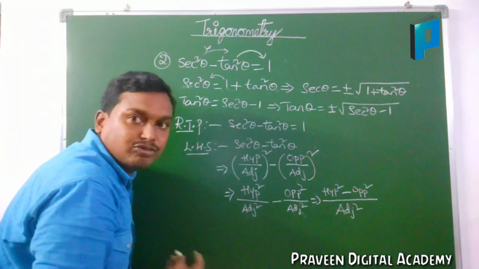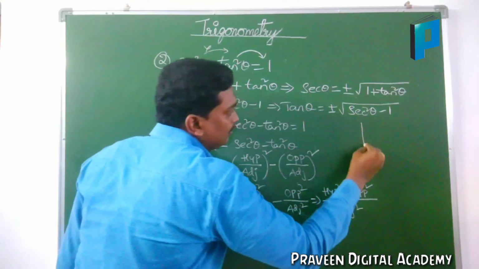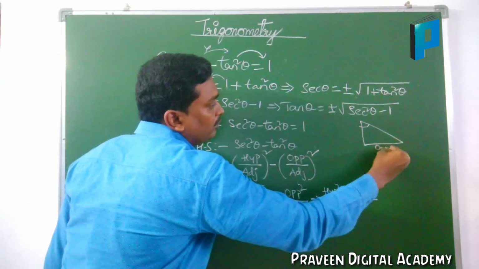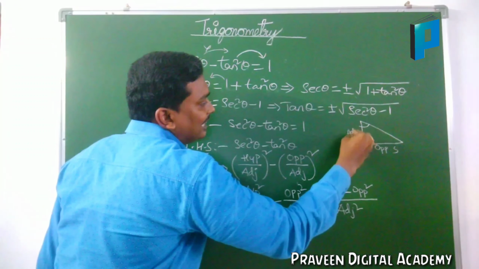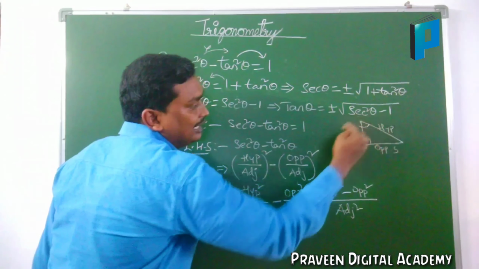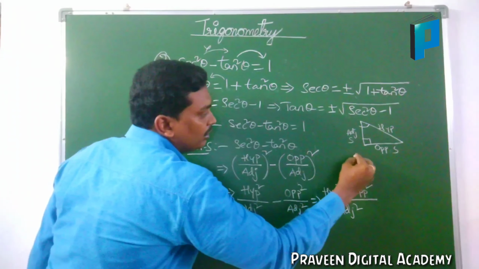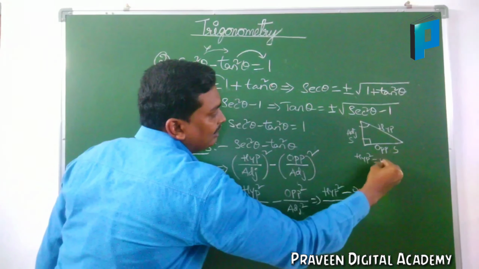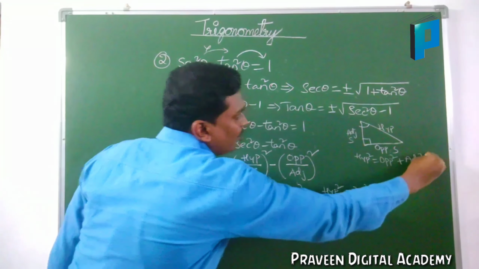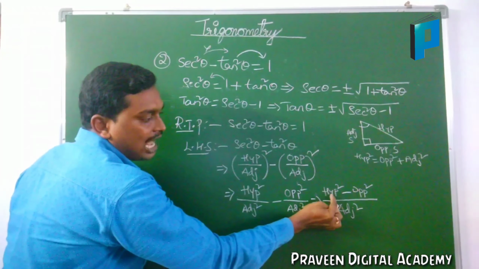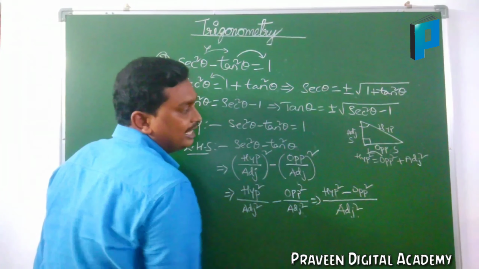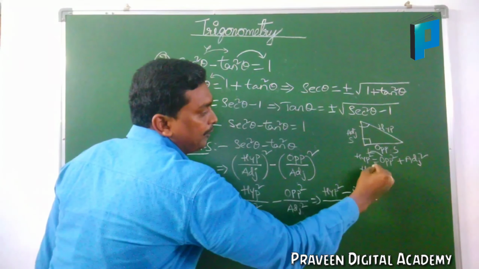As we know, in the Pythagoras theorem, if this is theta, this is called the opposite side, this is the adjacent side, and this is the hypotenuse. What is the relation between these three sides? Hypotenuse square is equal to opposite square plus adjacent square. Here we have hypotenuse square minus opposite square. If we send this opposite square to the other side, what will it become? Hypotenuse square.